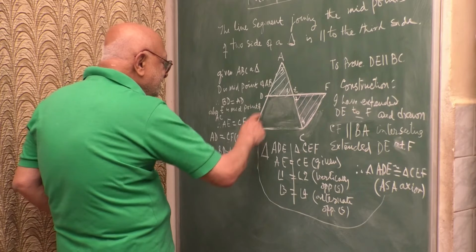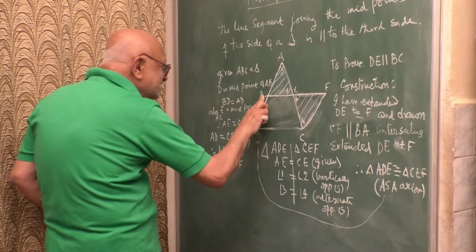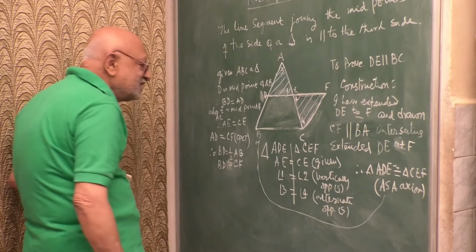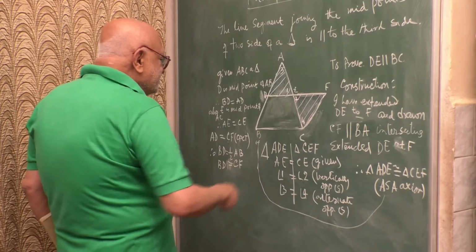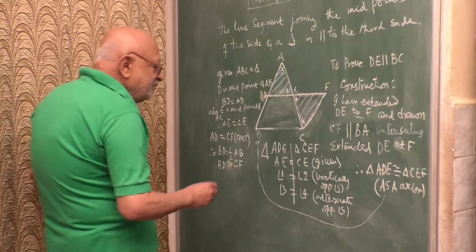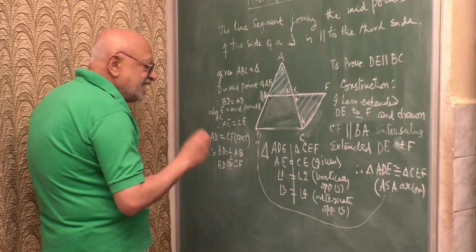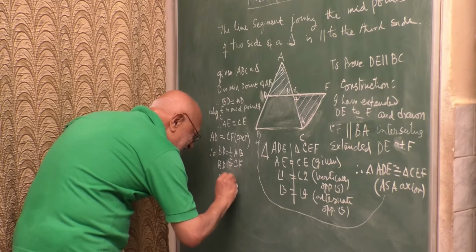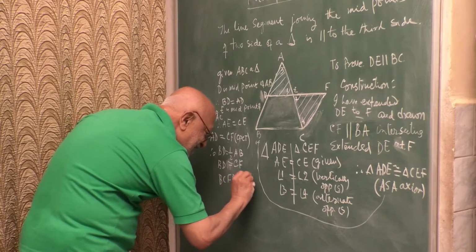BD is parallel to CF. Therefore BCFD is a parallelogram.